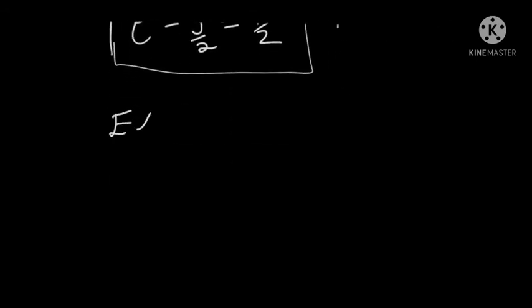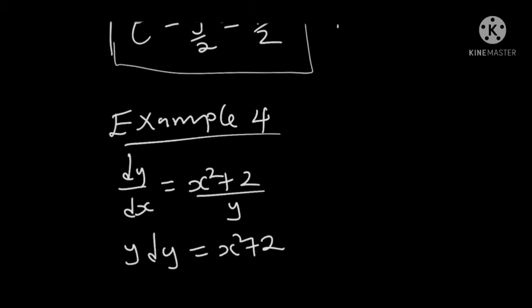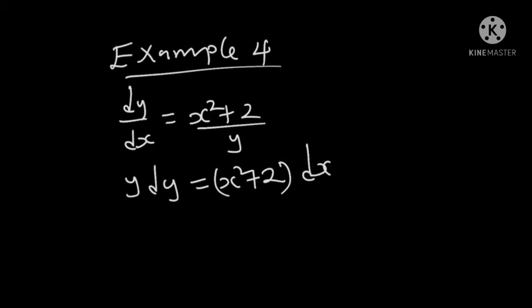Example 4. Suppose we have dy over dx equals to x squared plus 2 over y. How do we solve this? Well, let's first cross multiply. So we have y dy equals to x squared plus 2 dx. Now, since we have separated the variable, we can integrate.